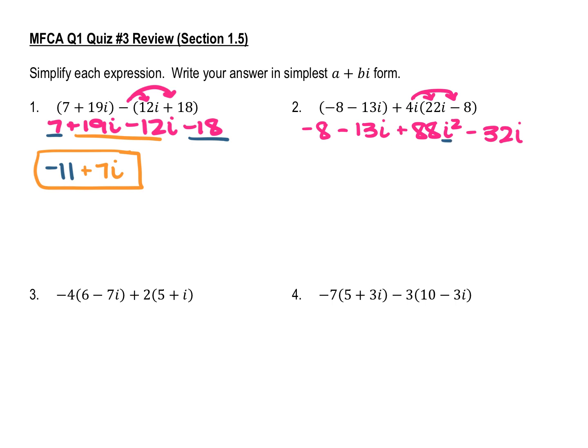The i squared turns into negative 1, and negative 1 times a positive 88 turns it into a negative 88. So you now have negative 8 minus 88, which are your real parts. So that'll give you negative 96. And then your negative 13i combines with your negative 32i, which gives you negative 45i.